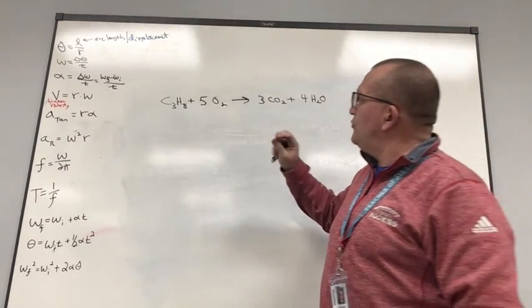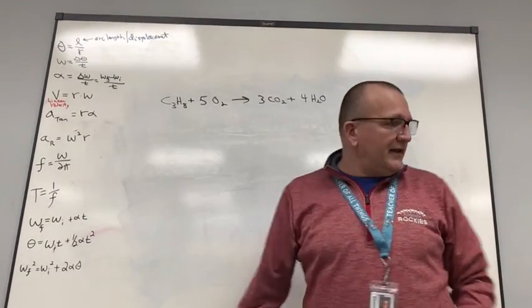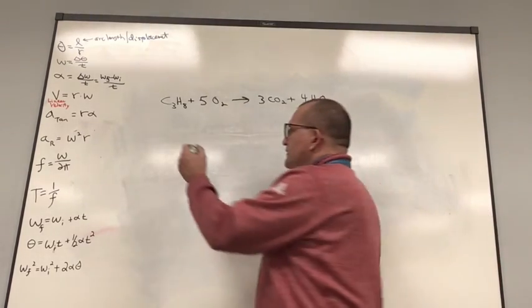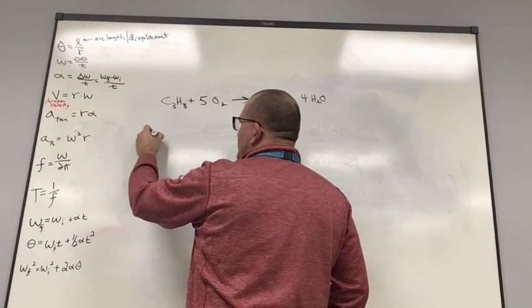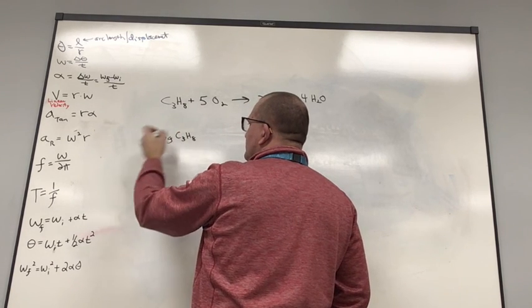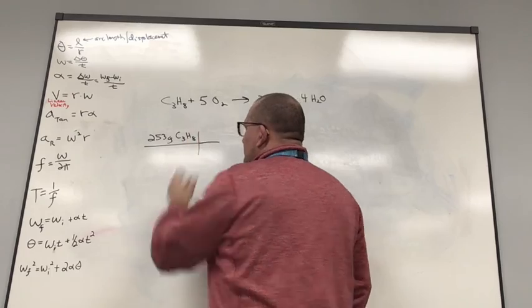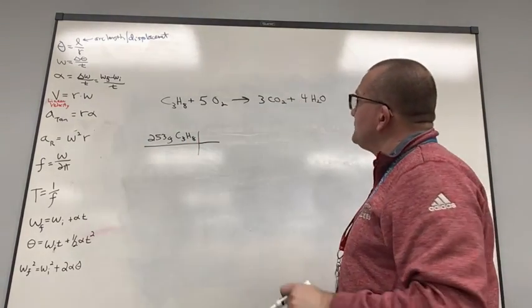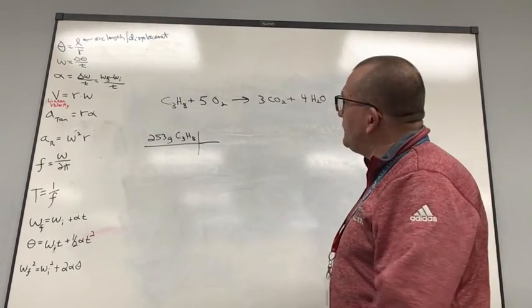So the first question says if we start with 253 grams, so we start with 253 grams of C3H8. We want to know what volume of carbon dioxide we'll get. So what size container do we need to collect our carbon dioxide?